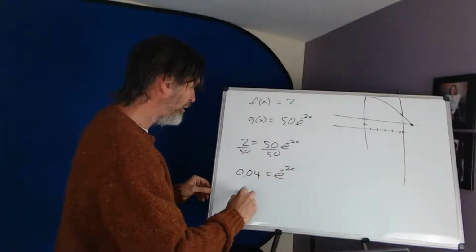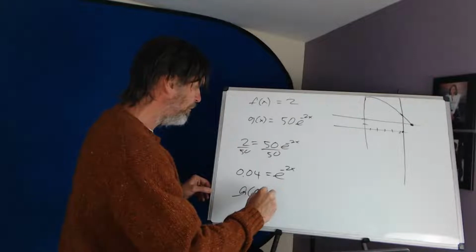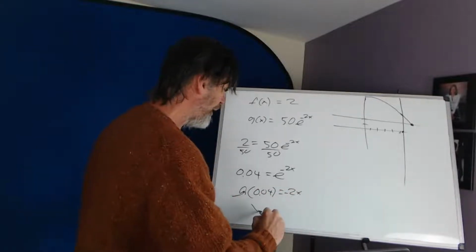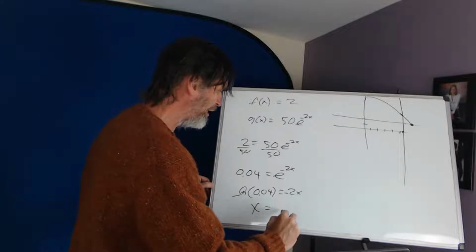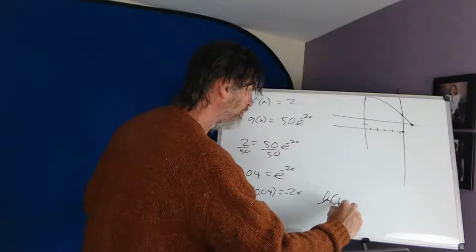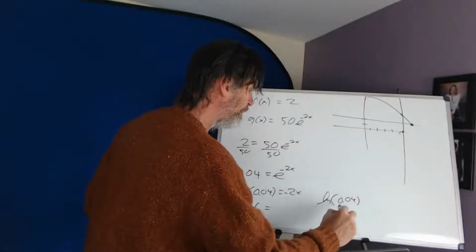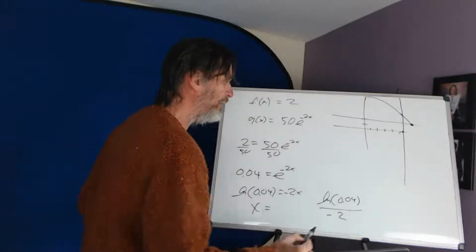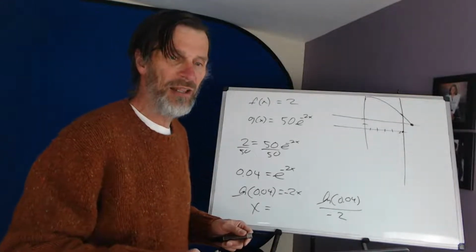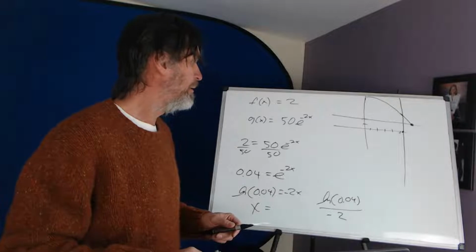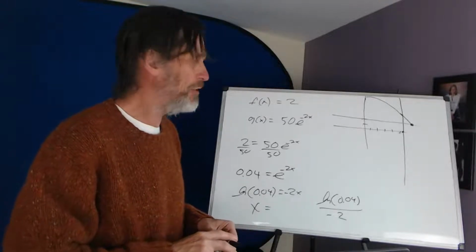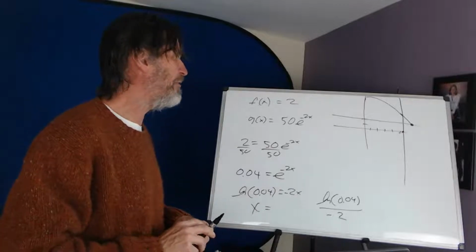That means that the natural log of 0.04 is negative 2x. So my x value here that I'd like someone out there to calculate is this. When is x equal to the natural log of 0.04 divided by negative 2? So someone out there, please let me know what x value that is. I'm having a feeling it's a number that's a bit bigger than 5.